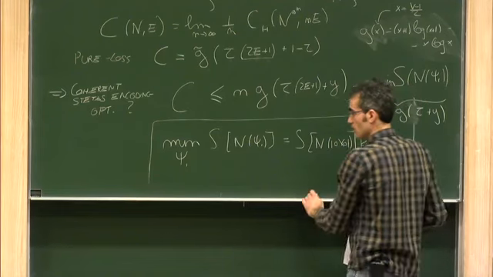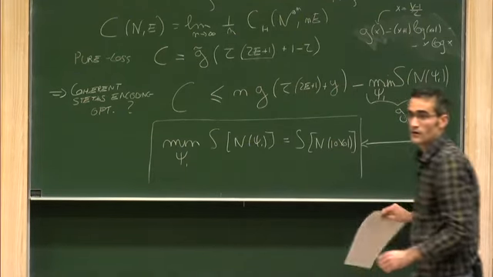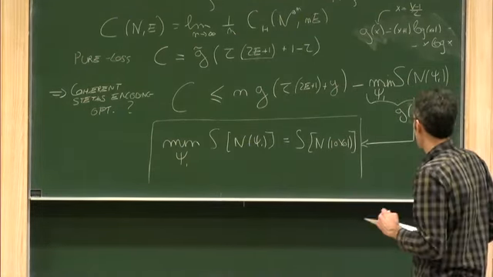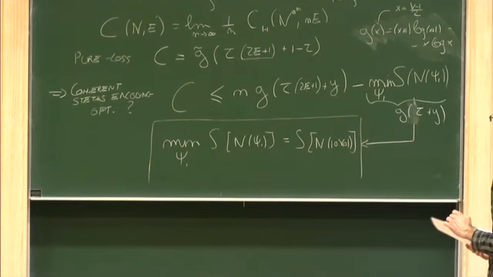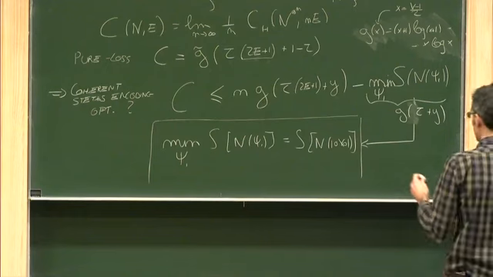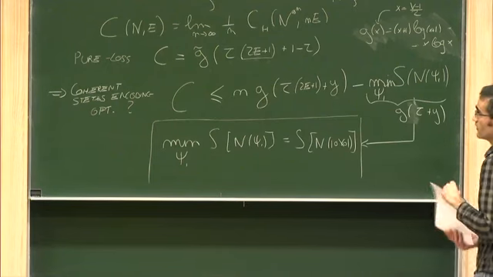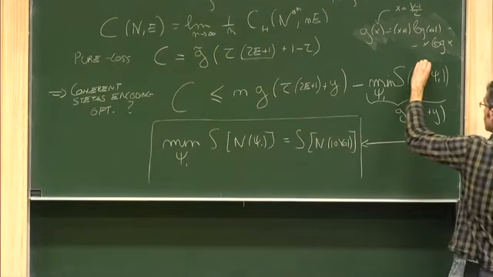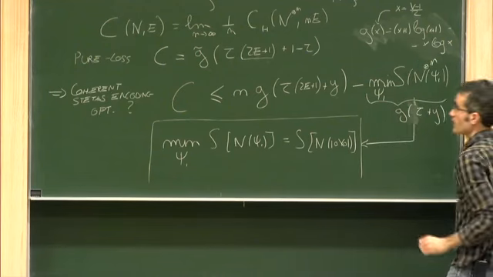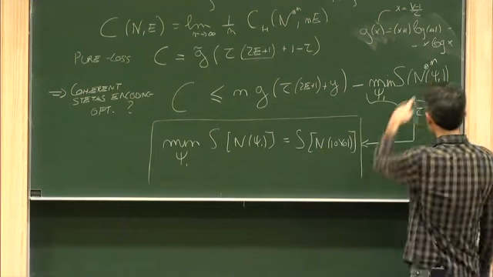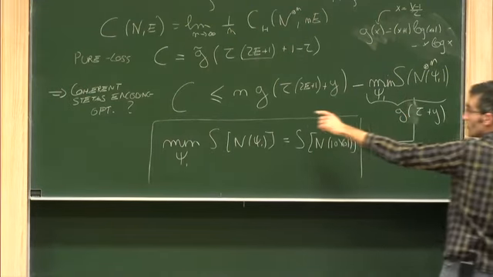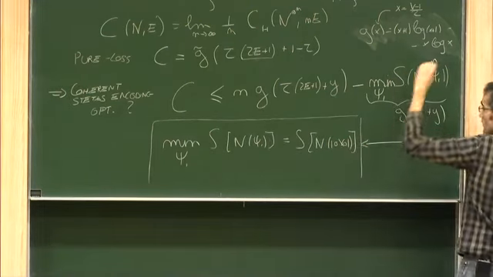Okay. There's also the additivity question, right? There's a minimum output entropy. You're assuming there's an additivity. Yes, yes. What I should have written is that this is n. That was a typo. So I put the n here.